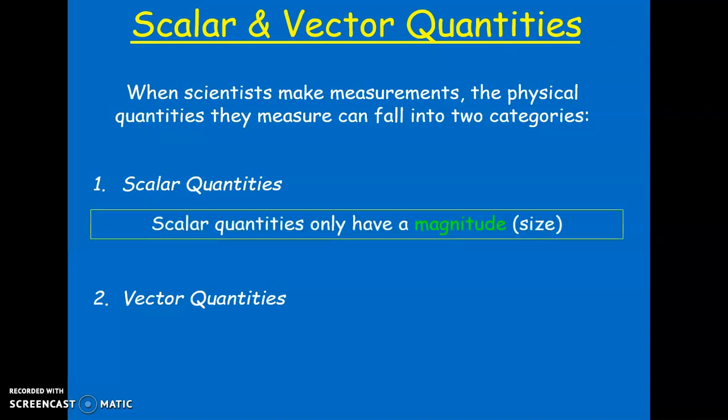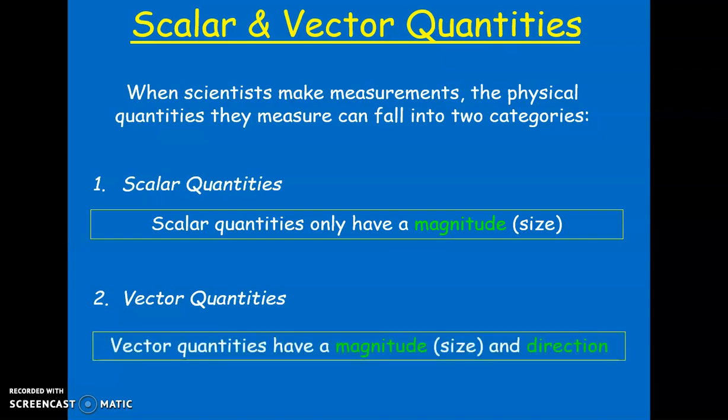Scalar quantities are those that only have a magnitude, a size. Vector quantities are those that have both a magnitude, which is size, and an associated direction. Now that might not make immediate sense to you, but it'll hopefully be clear in the next few slides.